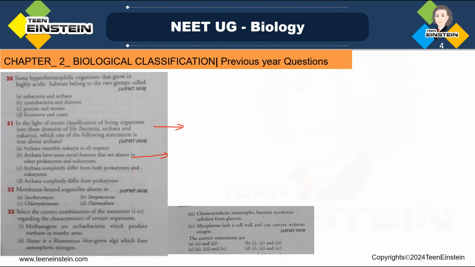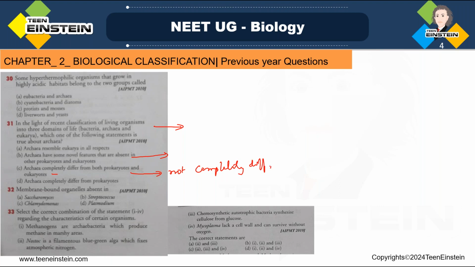Archaea is not completely different from prokaryotic and eukaryotic organisms. Option C says archaea completely differ from both prokaryote and eukaryote. That's not correct. It's not completely different. So we can say that statement is wrong.